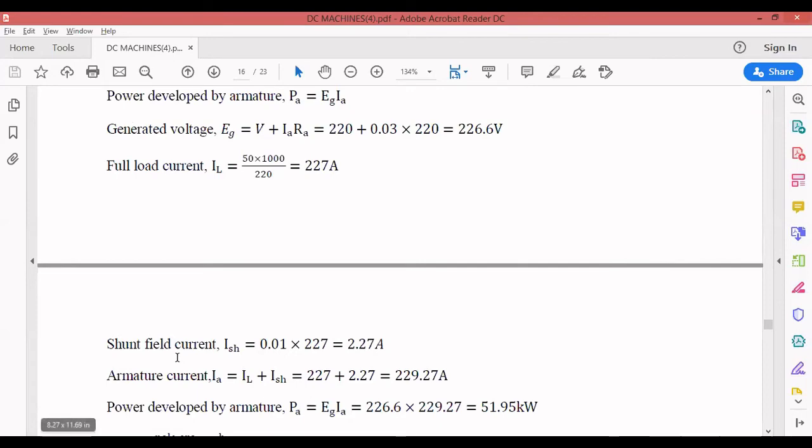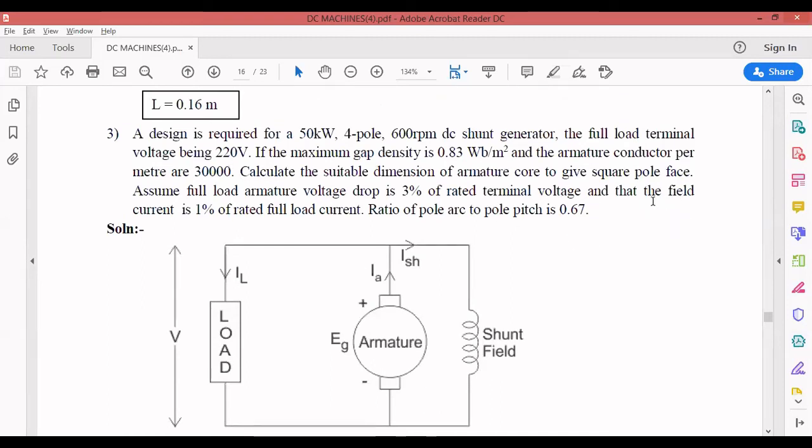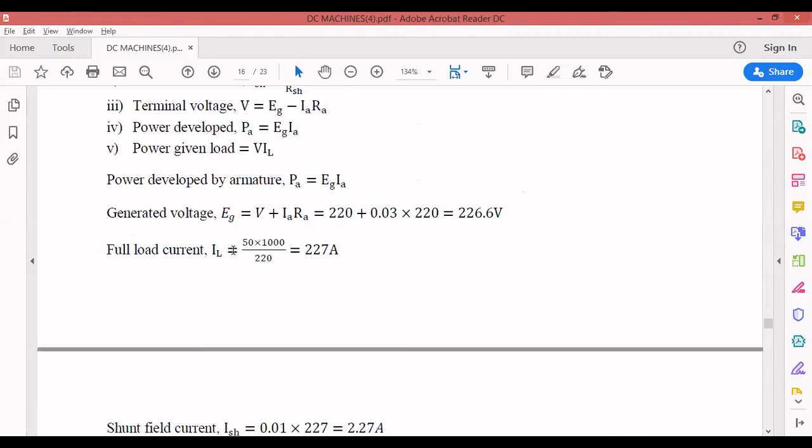Now calculate the shunt field current ISH. You can see in the problem it has given the data: the field current is 1% of the rated full load current. We have calculated IL, which is 50 kilowatt divided by 220, that is 227 amperes.